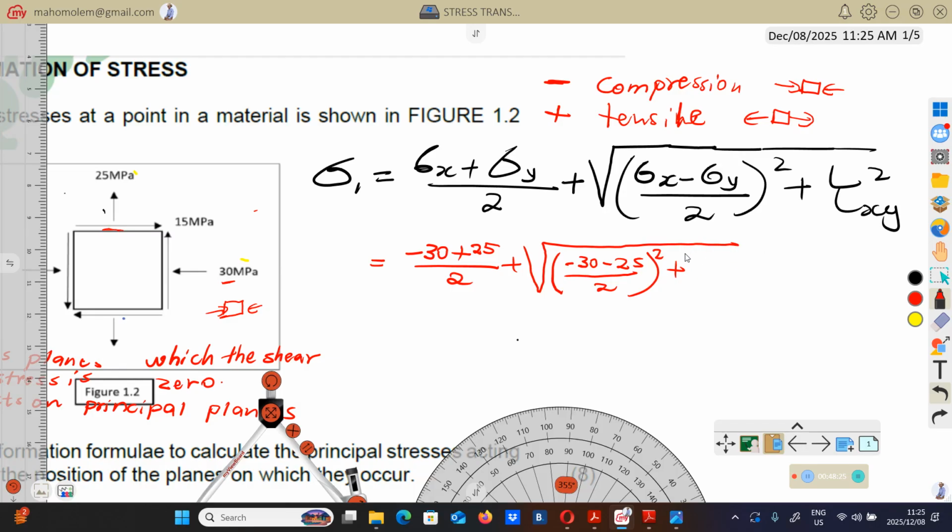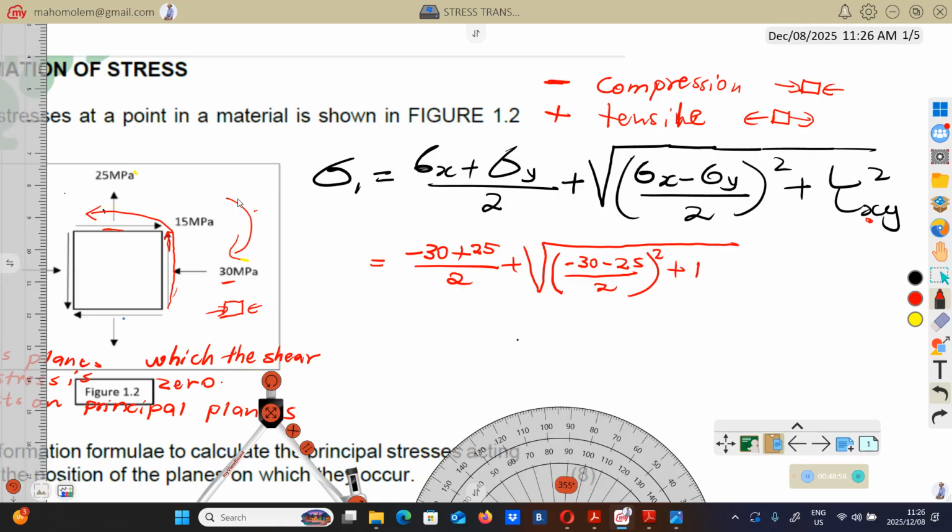Shear stress where? On the X phase, which is acting in Y direction. So what is the direction of this shear stress? Upward. When you move upward like this, which direction is this? It's anti-clockwise. Clockwise is this one. So this one is anti-clockwise. So we said that anti-clockwise is going to be positive.